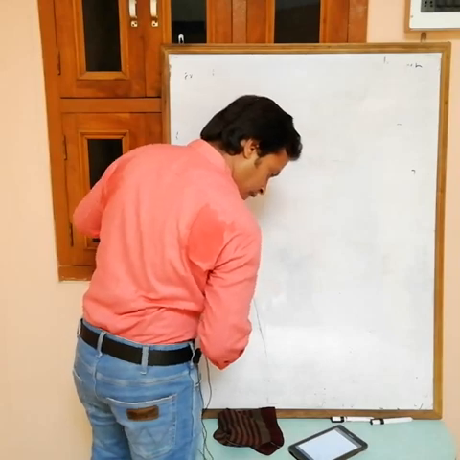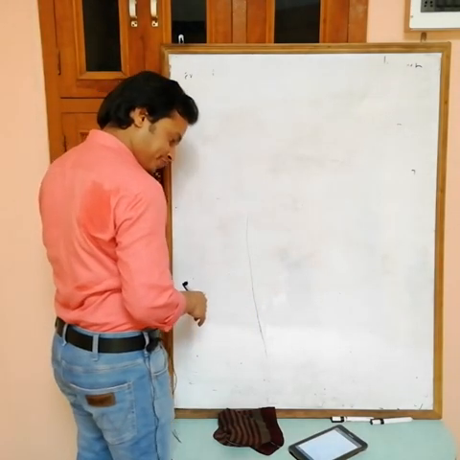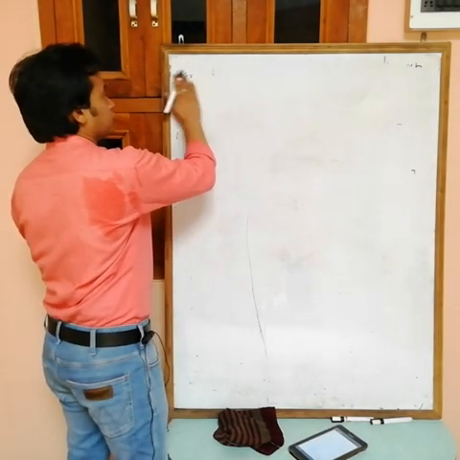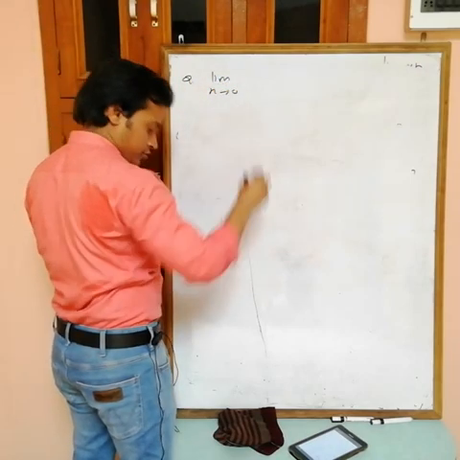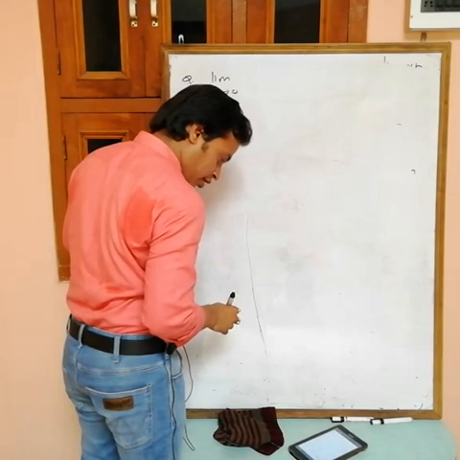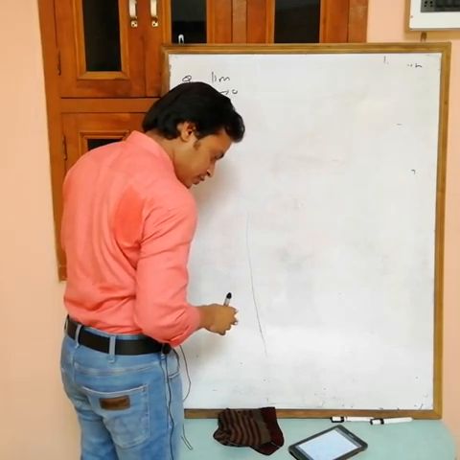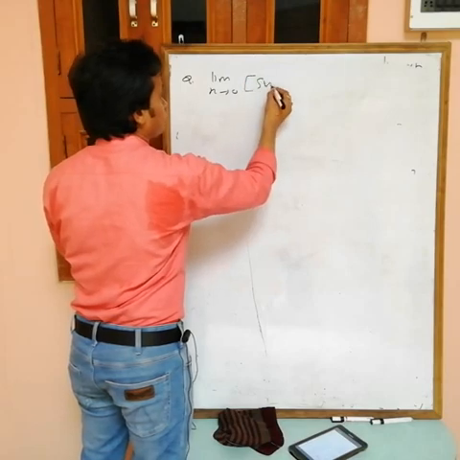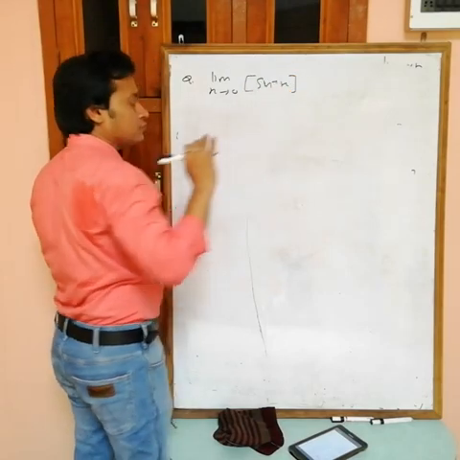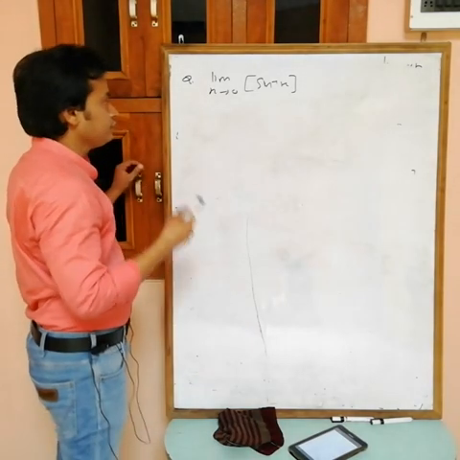Now next, limit x tending to 0, greatest integer of sine inverse x. Okay, this one.